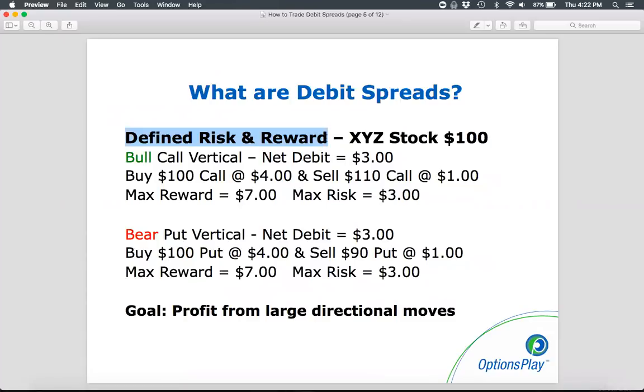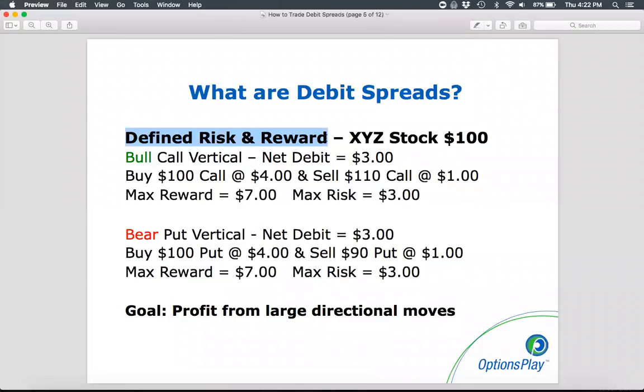That helps take the emotion out of trading, because you've already planned for it. You already know what could happen in the future, which makes the management of debit spreads and credit spreads a little easier. But debit spreads are even easier to manage from a risk perspective, and we'll get into that a bit later.